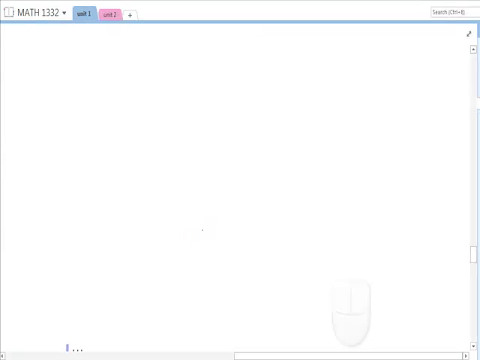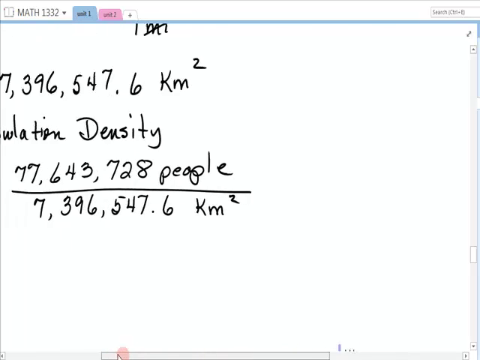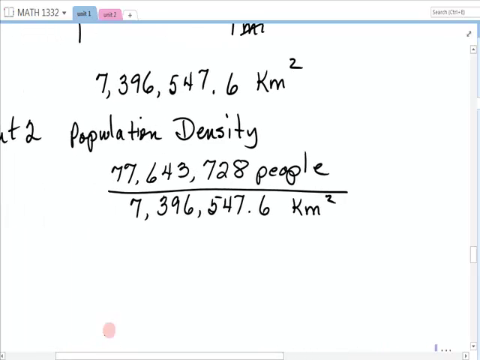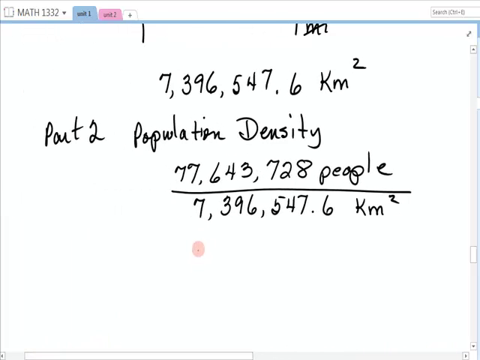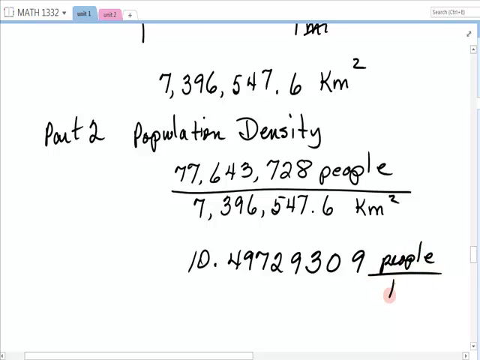And I get, my page jumping around, I got 10.49729,309. This is people per kilometer squared.